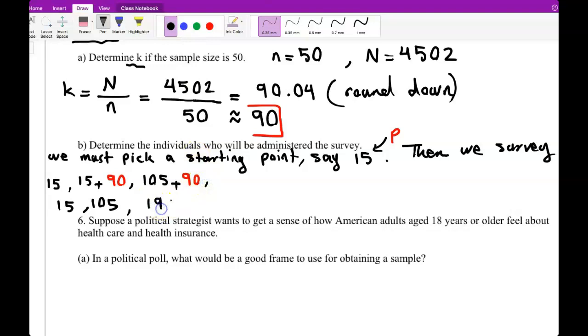So the third one is 195. Again, plus 90. So the number that we have here is 285. So we continue like this.